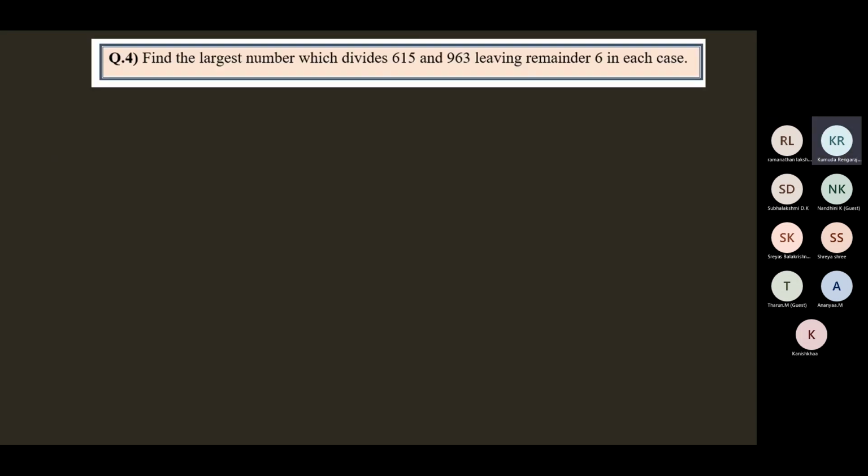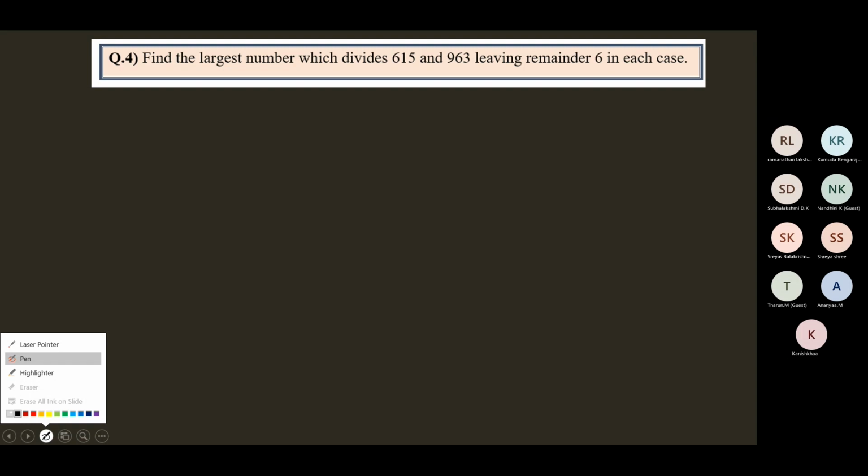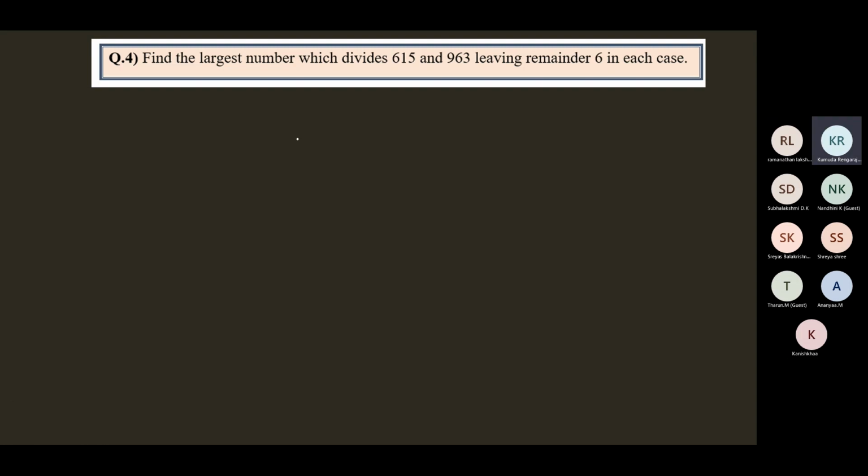Find the largest number which divides these two numbers, leaving remainder 6 in each case. Here the word divides is very important. You should find the biggest number that divides these two numbers.